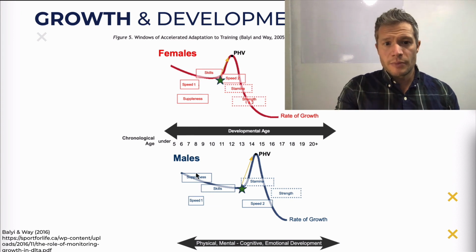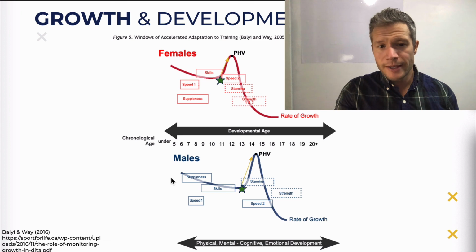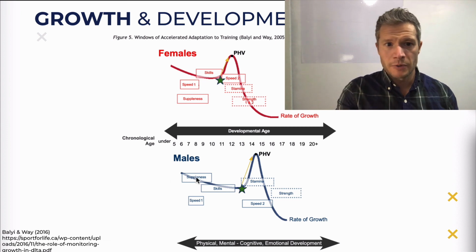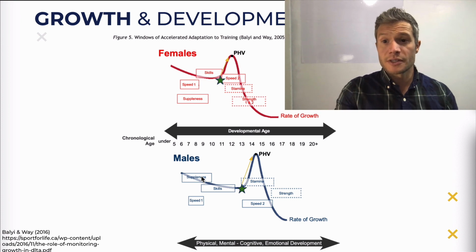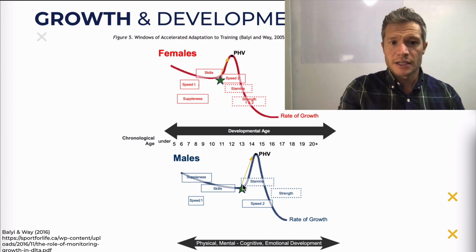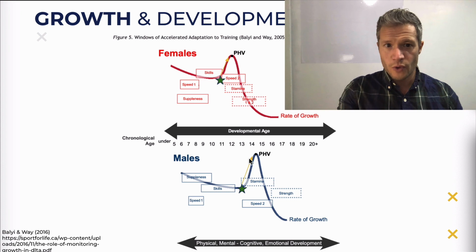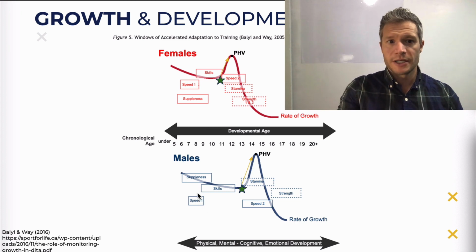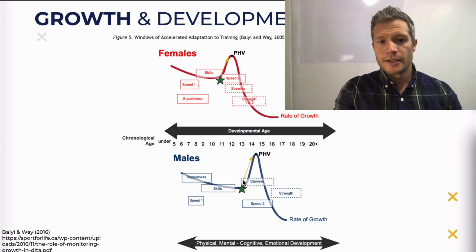So again, following the blocks along the timeline, men are a little bit different, not really. Suppleness is important to work on early on, or a skill you can focus on. You get into the skills of the sport again before the growth spurt happens. You can work on some speed. But as peak height velocity is going on, again, stamina is something that you can focus on quite a bit.